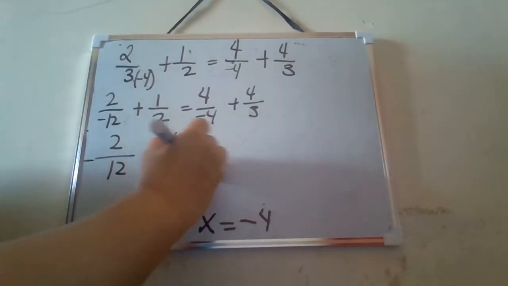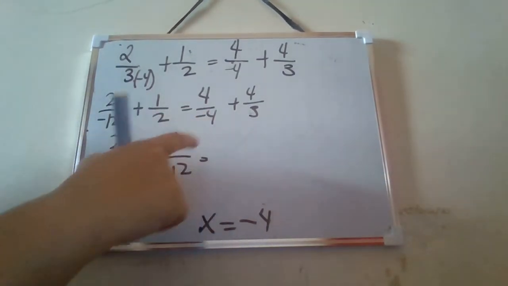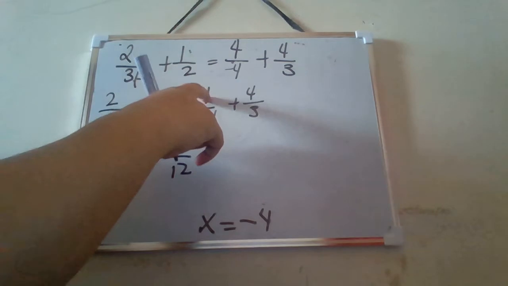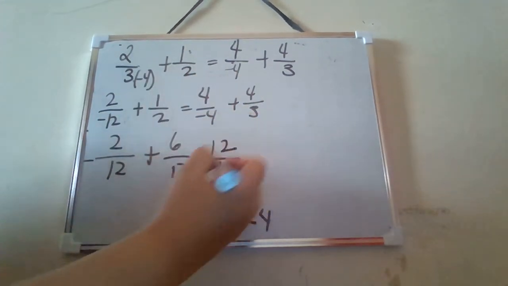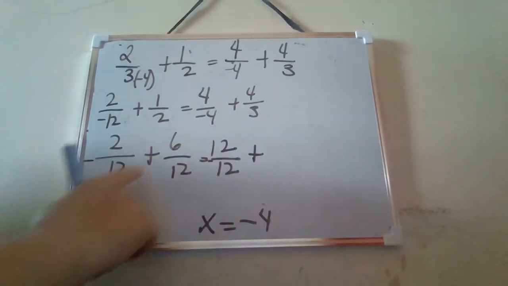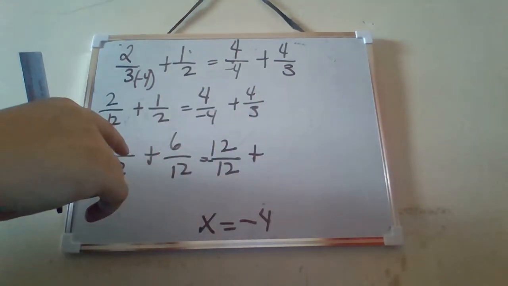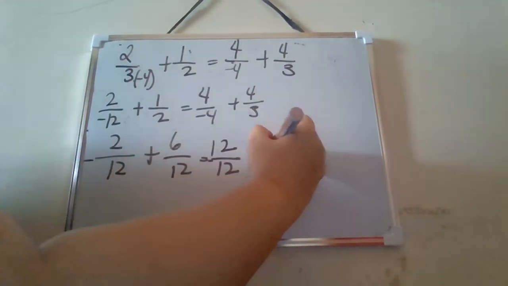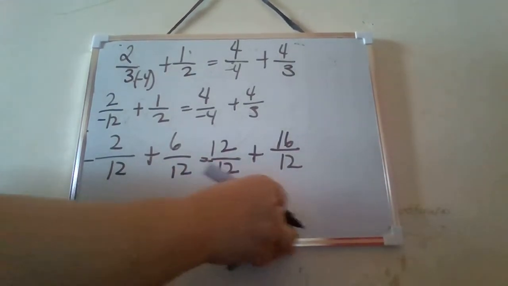Okay, so 6 over 12 equals, 12 divided by 4 is 3 times 4. Of course, it's 12 over 12. It's negative, okay, plus 12 divided by 3, it's 4 times 4, it's 16 over 12.